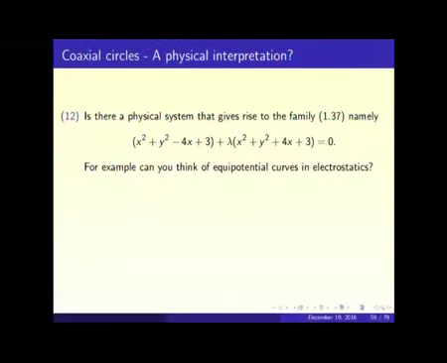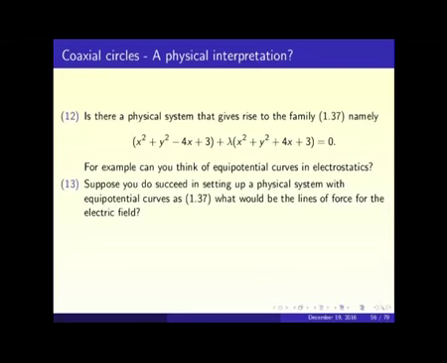I'd like you to think about this. Does your physical intuition help you to construct a setup of charges such that the equipotential lines are exactly given by this equation, x^2 + y^2 - 4x + 3 + lambda times (x^2 + y^2 + 4x + 3) = 0?